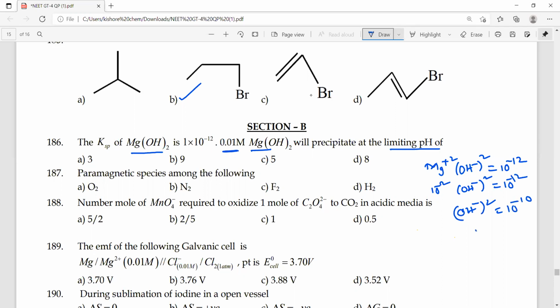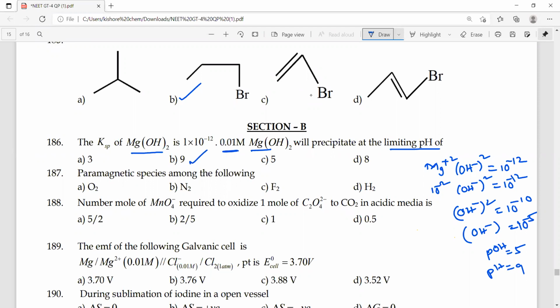OH minus concentration is equal to 10 to the power of minus 5. 10 to the power of minus 5 means pOH is 5, pH is 9. Next one.